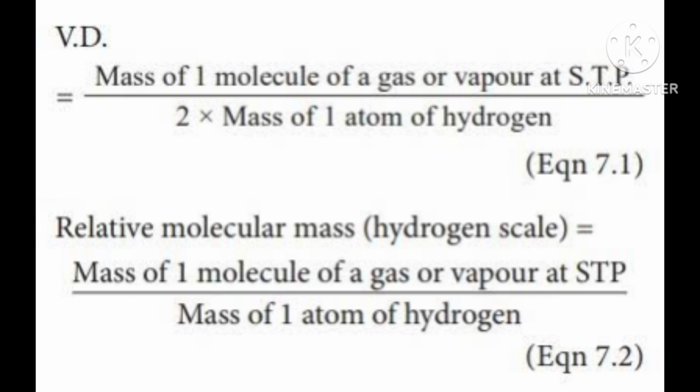Taking the minimum ratio, it is 2 is to 4 is to 1. Like that, in the next column you write the simplest atomic ratio.